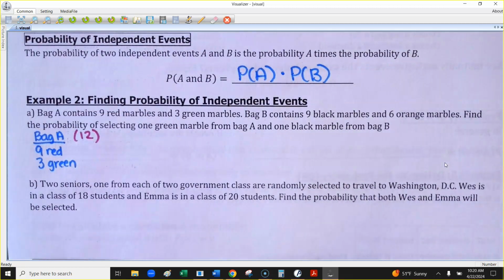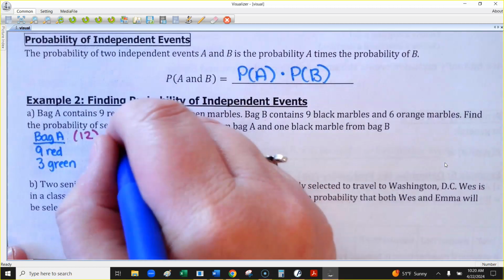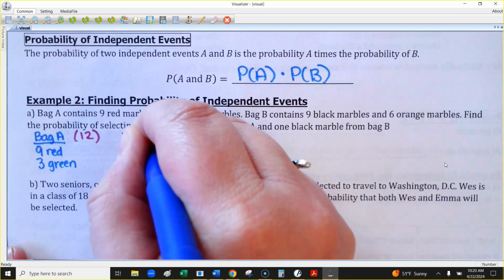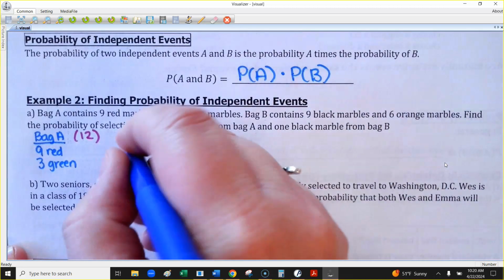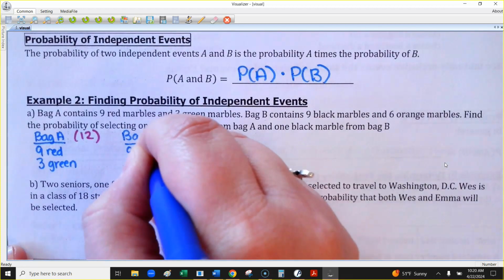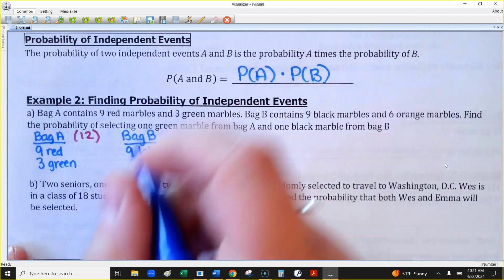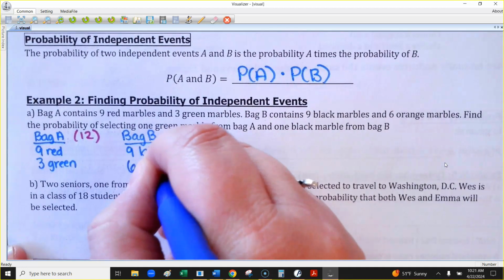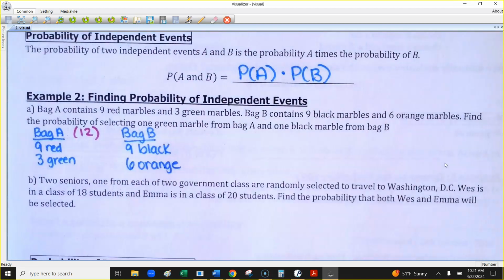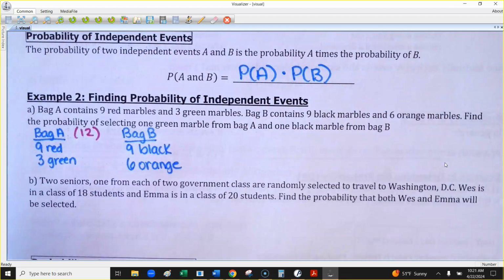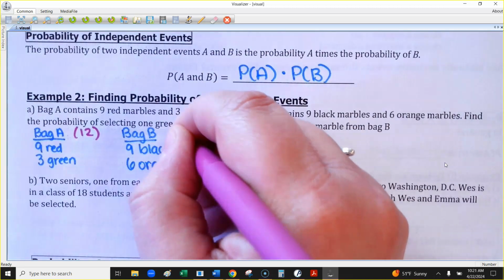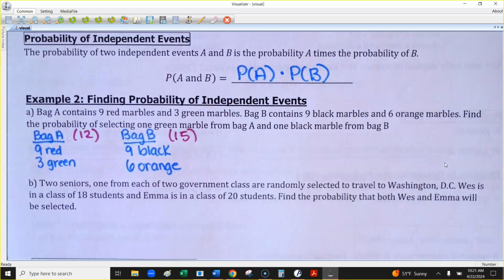And then it says bag B, we have 9 black marbles and 6 orange marbles. And so I've got a total 15 marbles, if I'm just adding 9 and 6 together. So there's 15 marbles in bag B.